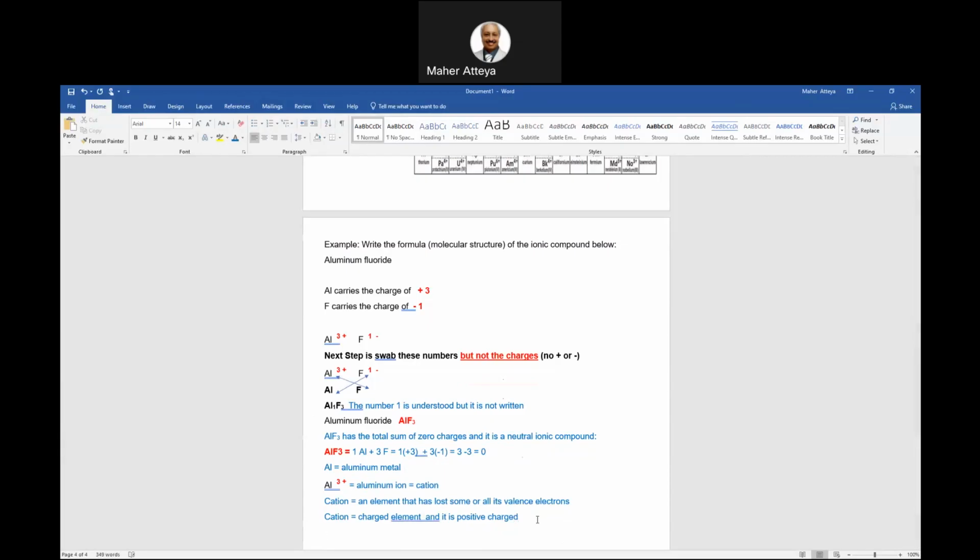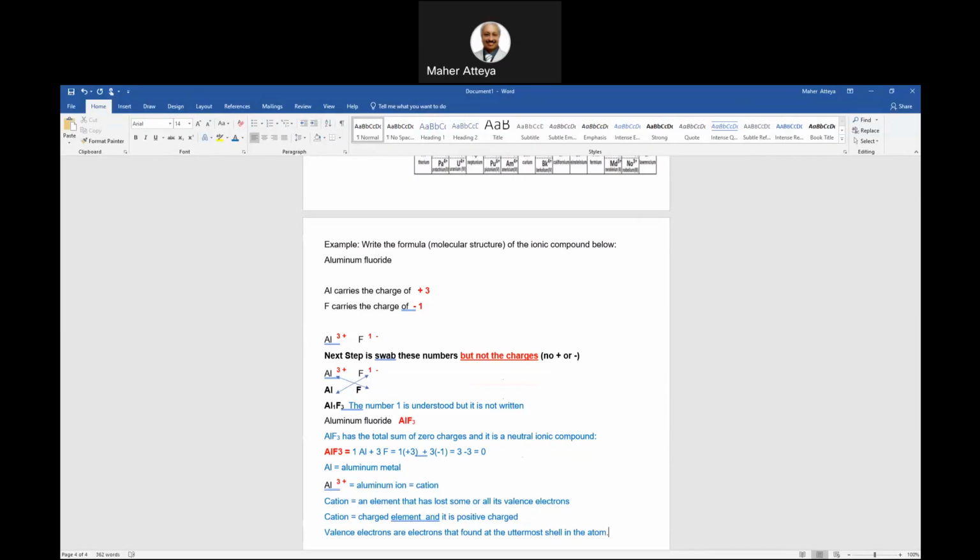Valence electrons are electrons that are found at the outermost shell in the atom. Okay, guys. So this is a definition. Now let's look at the negative charge.